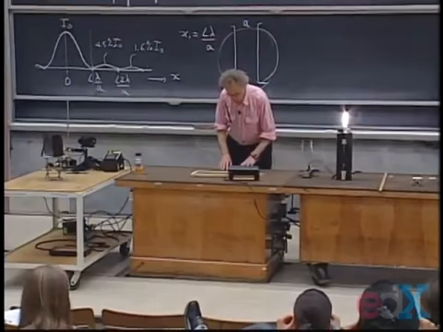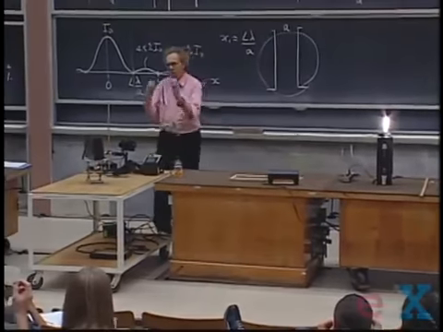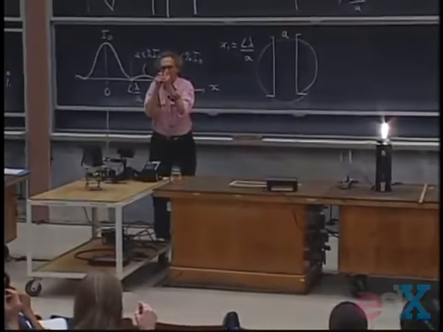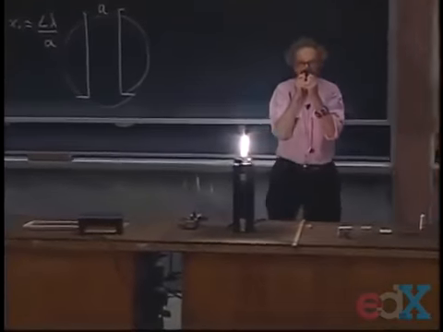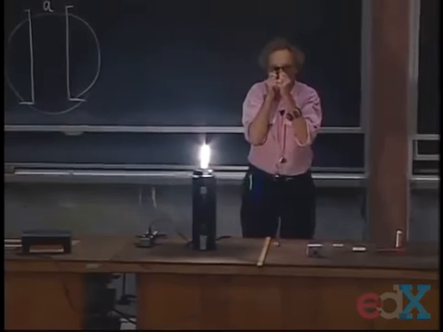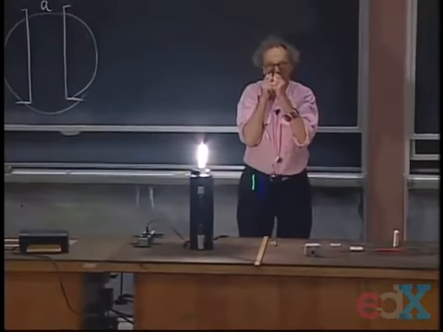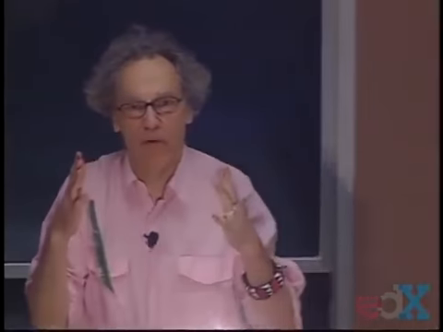But the main reason why I want you to see this is that if you manage to manipulate the size of the slit, the size of A, when you make it narrower, notice that the diffraction pattern gets broader and not the other way around.